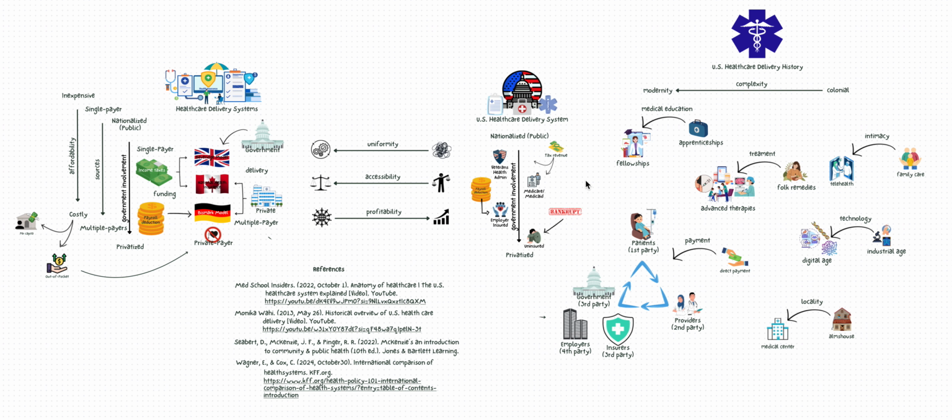Now, how did we get here? Well, since colonial times through modernity, we've just increased in complexity in a number of dimensions. I've got a few listed here. For one, medical education has gone from a trade for physicians, where they were taught with apprenticeships, to now many years in medical school and internships and fellowships.